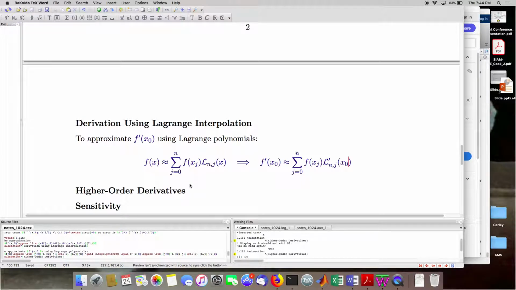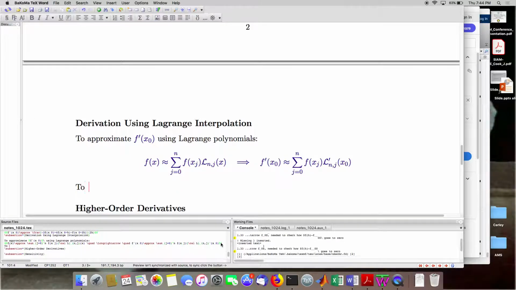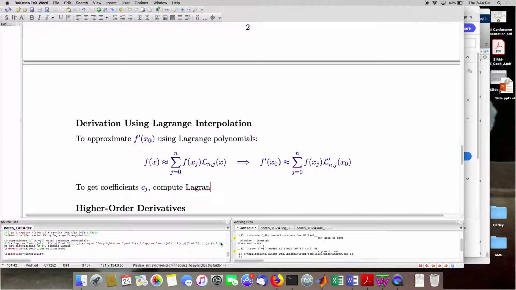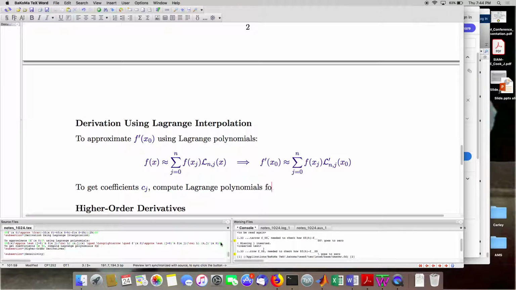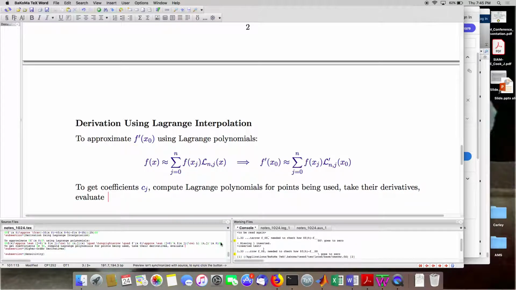So all you have to do, to get the coefficients Cj, like C0, C1, C2 from a previous example, is compute Lagrange polynomials for the points being used, take their derivatives, and evaluate at x naught.